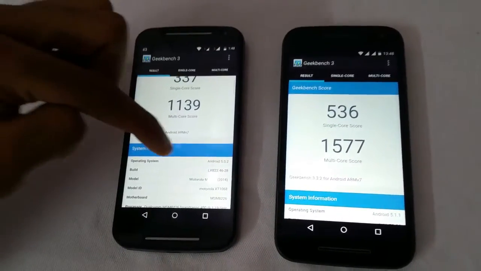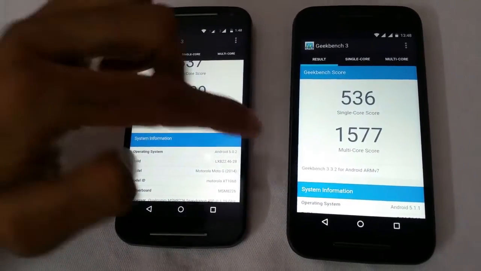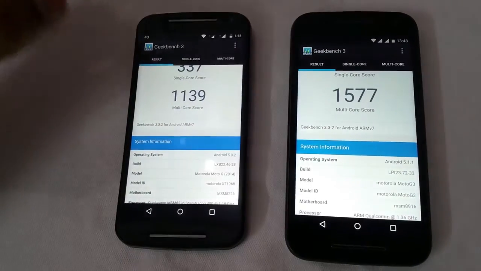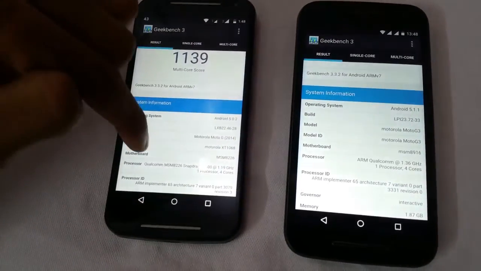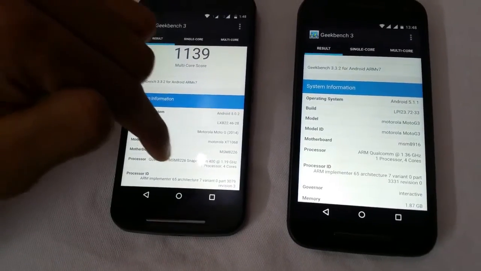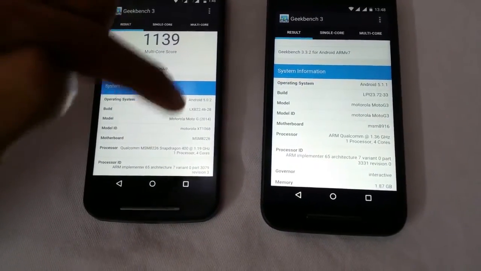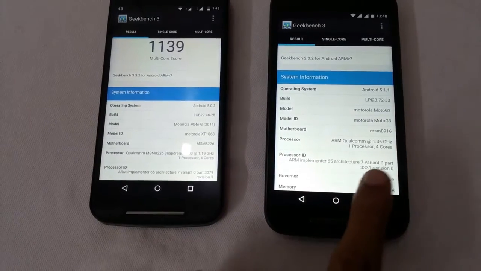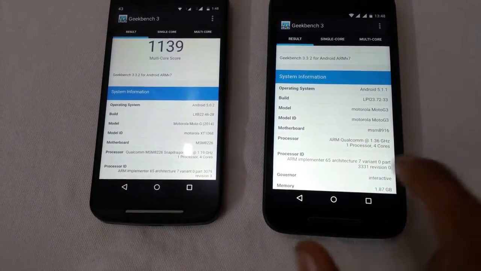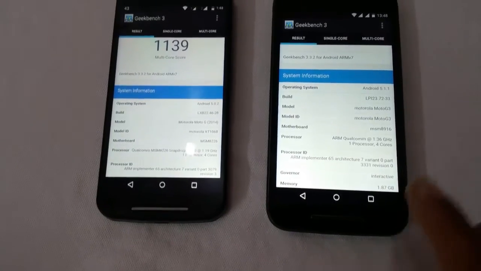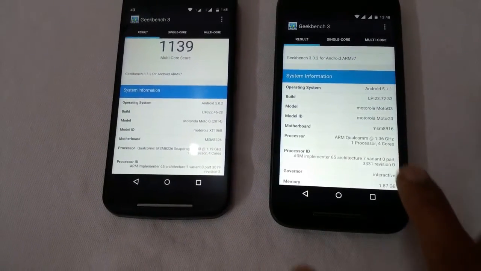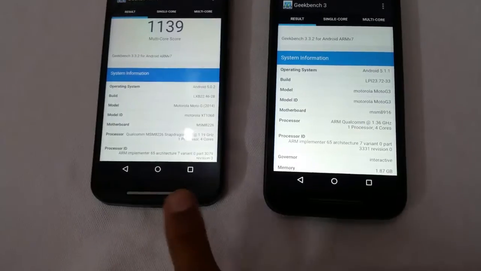When you check, the operating system is 5.0.2 on this one and 5.1.1 on this one. When you check the processor, this one is a Qualcomm MSM8226 Snapdragon 400, and the other is an ARM Qualcomm. That makes a lot of difference, because this one is 1.36 gigahertz and this one is 1.19.